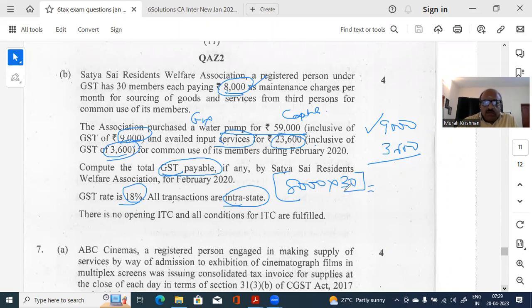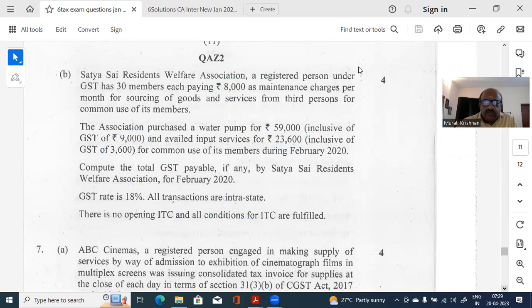So, on this total amount, you have to apply 9% CGST, 9% SGST. Again, like the first problem, we are computing output liability and then input. There's no opening balance, and they've clearly given that there is no opening balance ITC and all conditions are met. Input is how much? These two put together. So let us look at the solution.